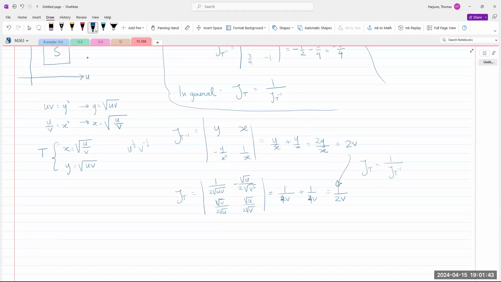Now you see the reciprocal, right? In other words, for us to find the Jacobian of transformation T in future, we can compute that from the Jacobian of T inverse.